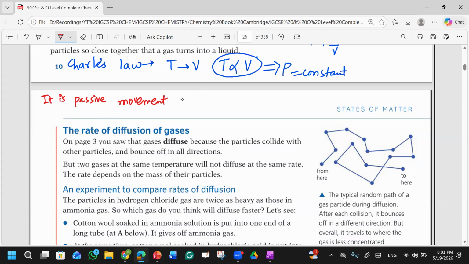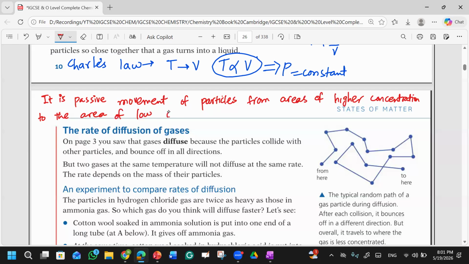of particles from areas of higher concentration to the area of low concentration until there is a uniform environment, until there is uniformity.